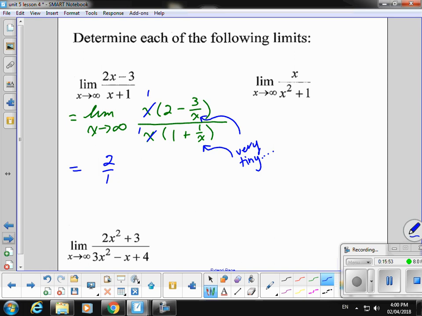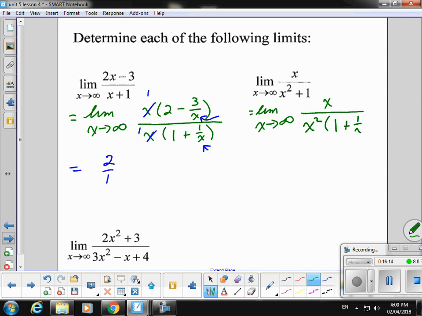Let's look at this second example. Same idea. We're going to factor out the largest degree of the variable. Let's factor out the x squared, which would leave 1 over x and 1 over x squared. So what we end up dividing out is an x on the top and one of the x's on the bottom.